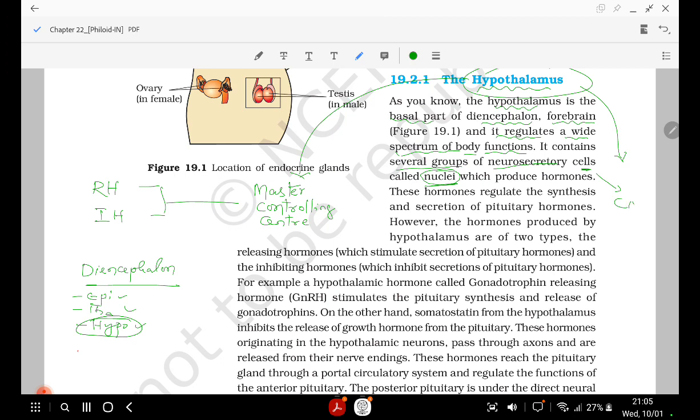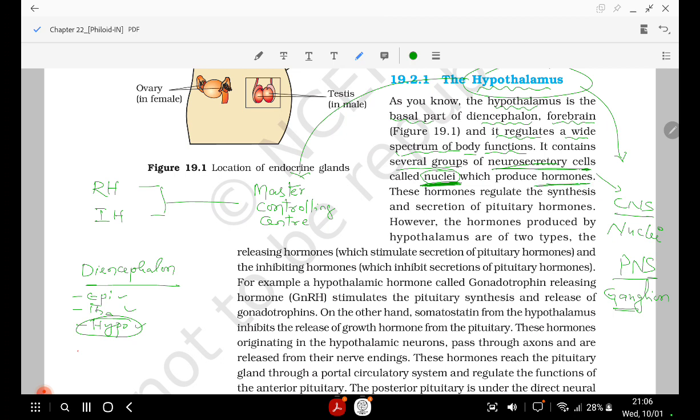Neuronal cell body present in the central nervous system is called nuclei, whereas neuronal cell bodies present in the peripheral nervous system, we call ganglion. So nuclei means neuronal cell bodies of CNS which produce hormones.